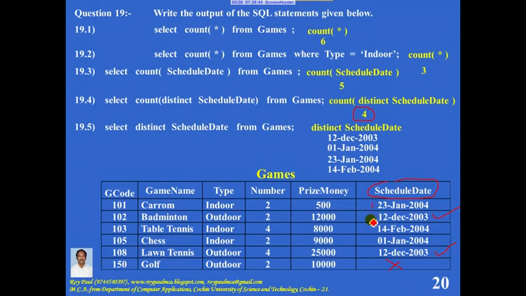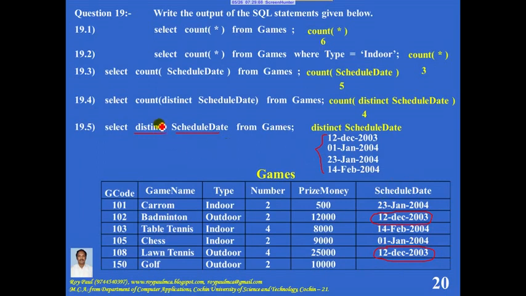You can see 1, this is counted once, 3 and 4. Now here the count function is not there, simply distinct followed by column name. So the values are listed and the duplicate value is listed only once.